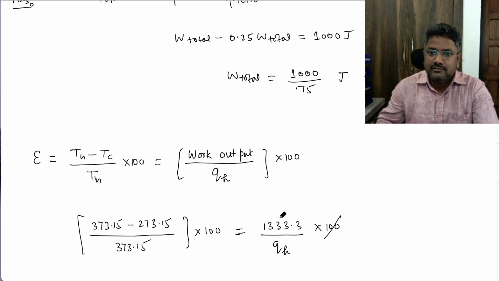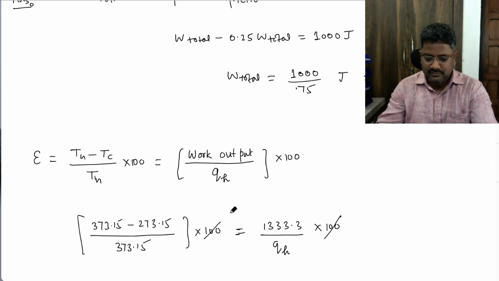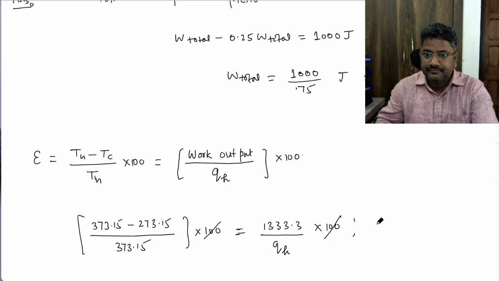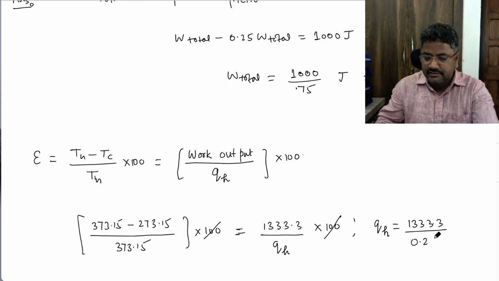So the 100 is cancelled, and 100 by 373.15 gives 0.2679. So QH is equal to 1333.3 divided by 0.2679.